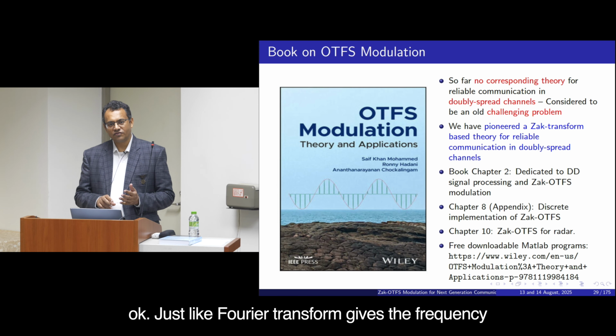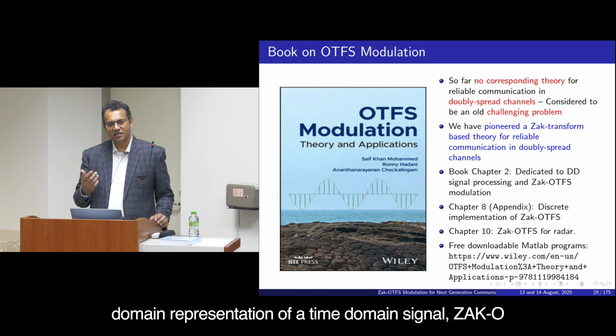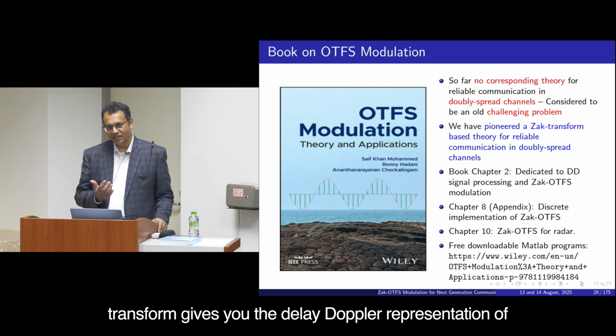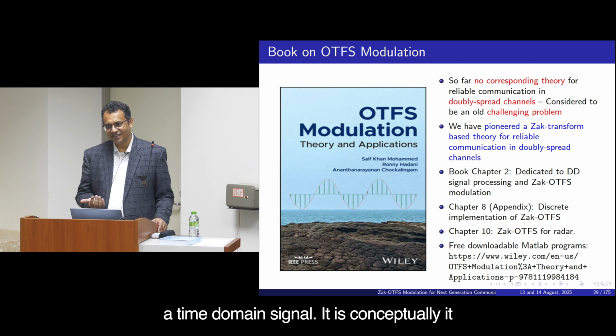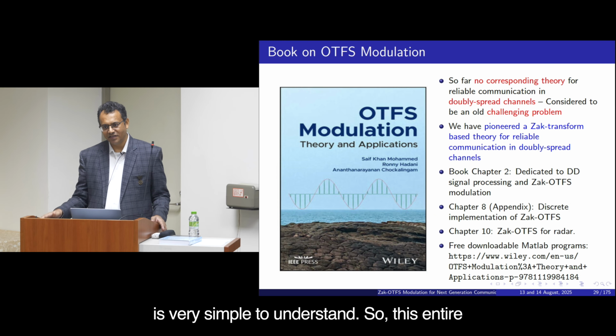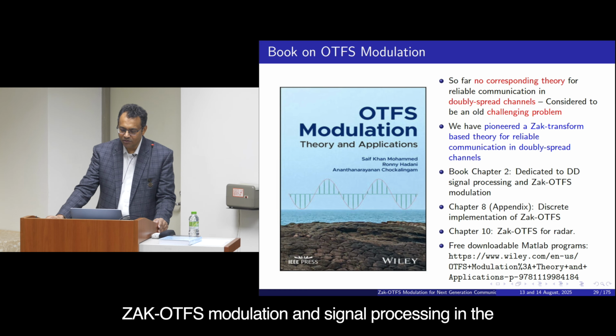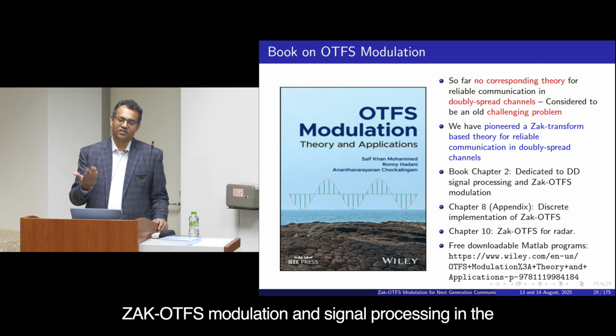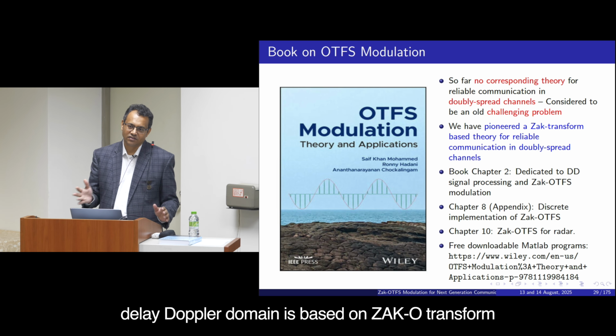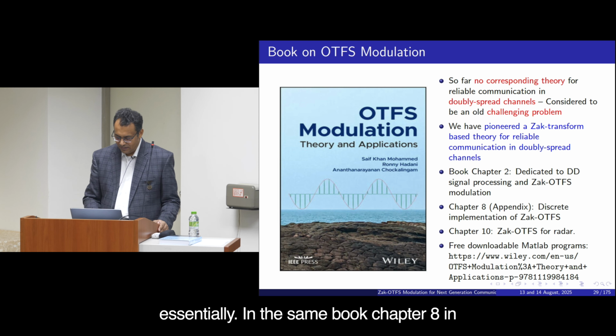Just like the Fourier transform gives the frequency domain representation of a time domain signal, the Zak transform gives you the delay-Doppler representation of a time domain signal. Conceptually it's very simple to understand. So this entire Zak-OTFS modulation and signal processing in the delay-Doppler domain is based essentially on the Zak transform.